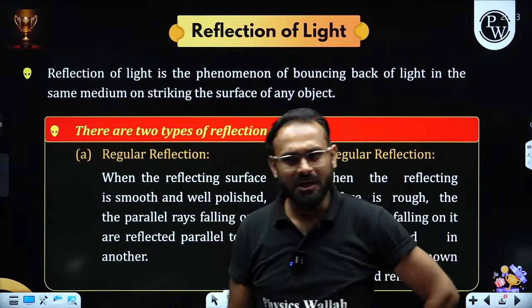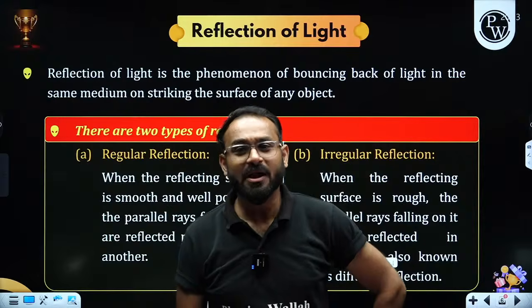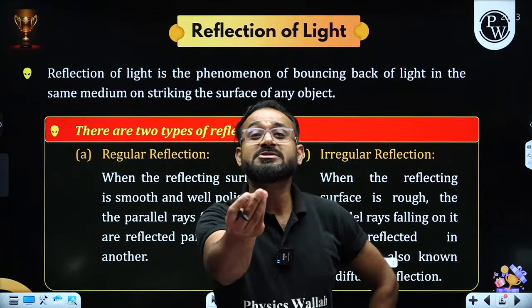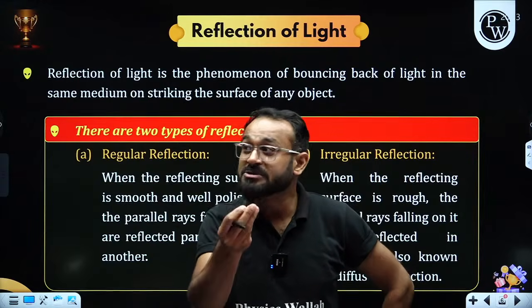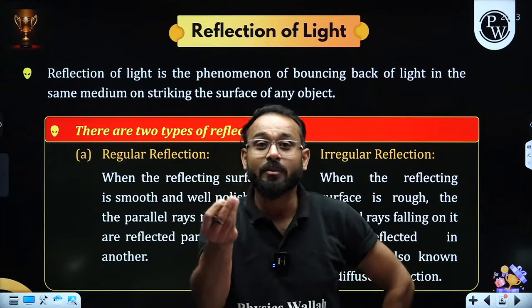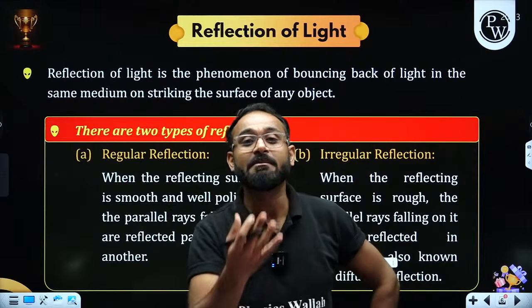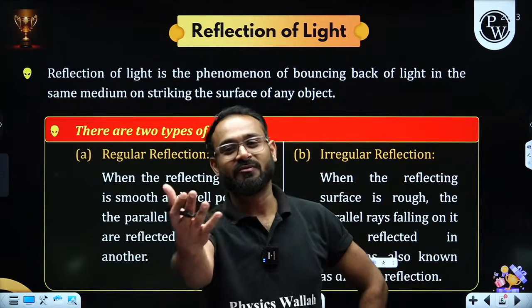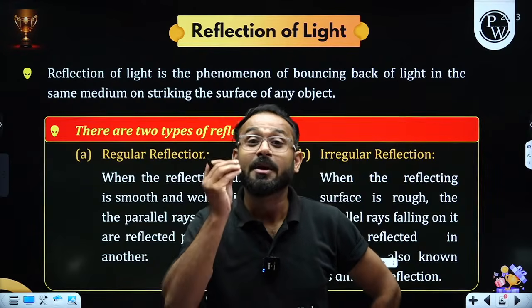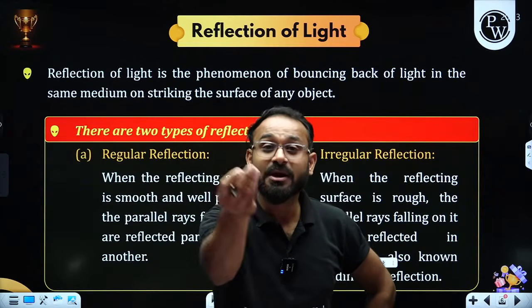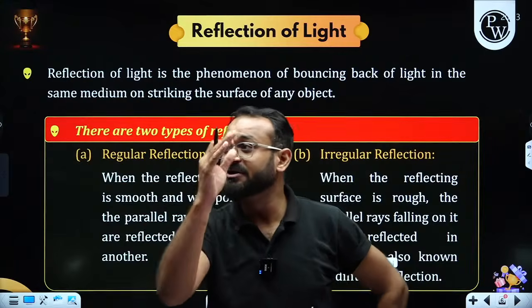So according to the definition, the bouncing back of light, that phenomenon, if the light is coming back into the same medium, is called reflection of light. Sir, clear, sir? First class, sir. No problem, sir.